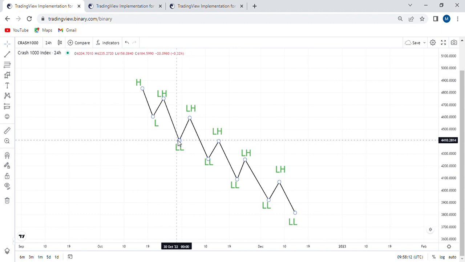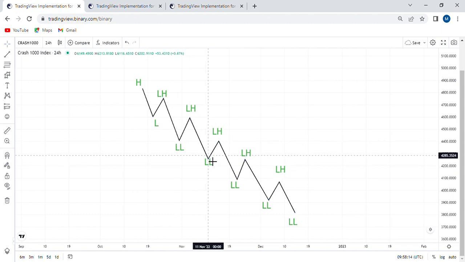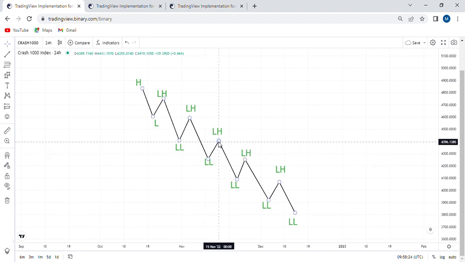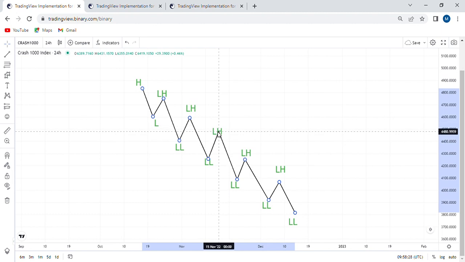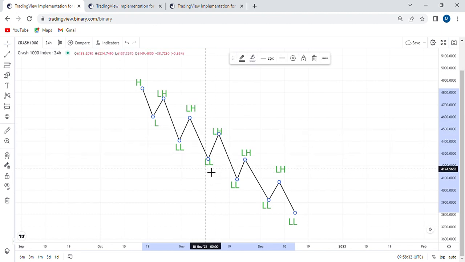After that we have this as our low, and we still cannot validate this, because what the market can do is pull back and break out, right? And we don't want that to happen. So this is not our lower low yet until we get a breakout of that zone.